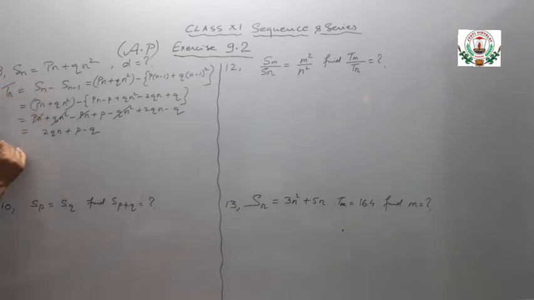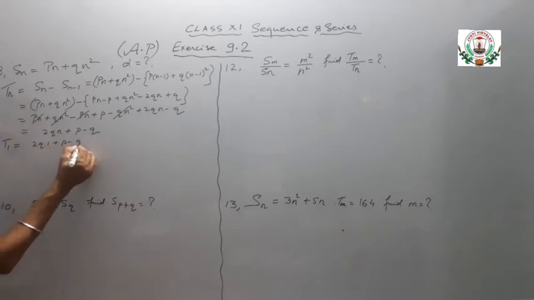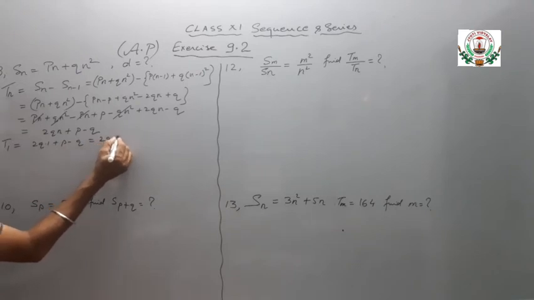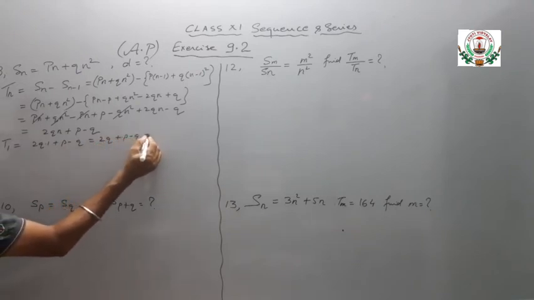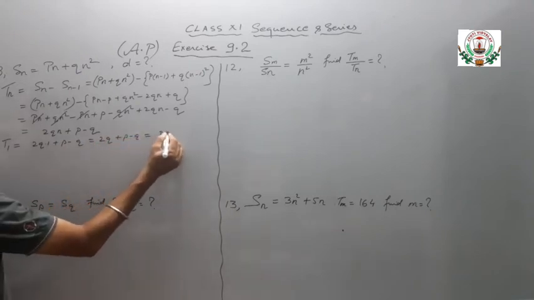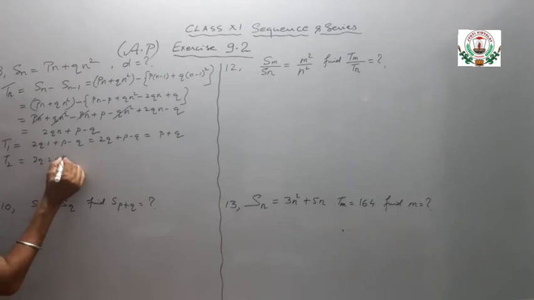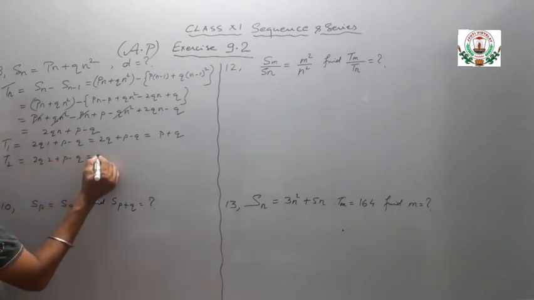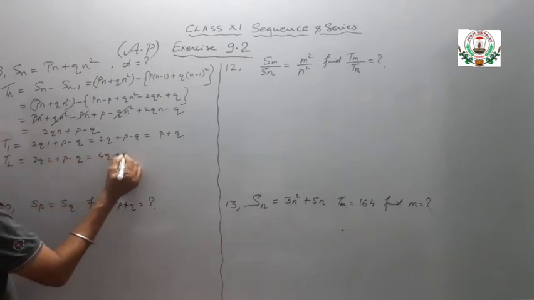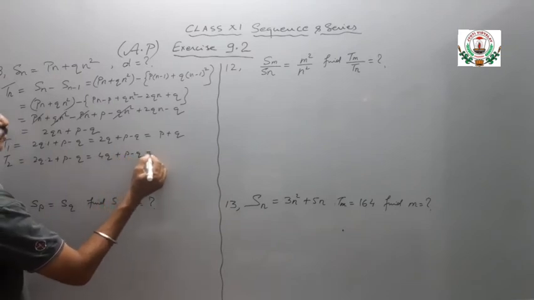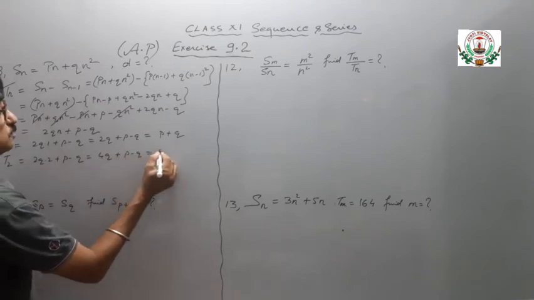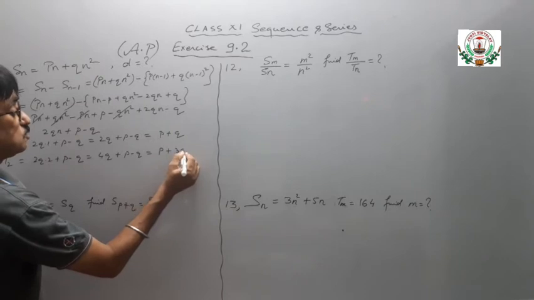Now I have to calculate the first term. So n equals 1, 2q into 1 plus p minus q, that is 2q plus p minus q, which is equal to p plus q. That is our first term. Now the second term, 2q into 2 plus p minus q, 4q plus p minus q is equal to p plus 3q.